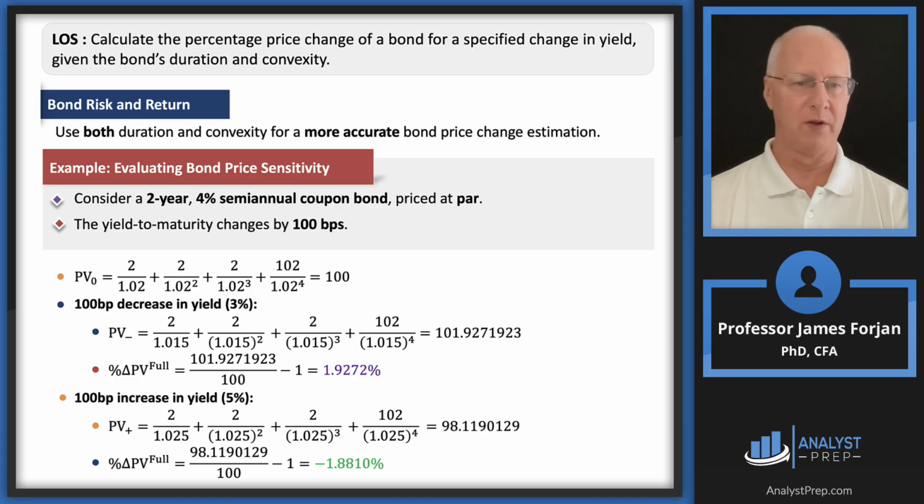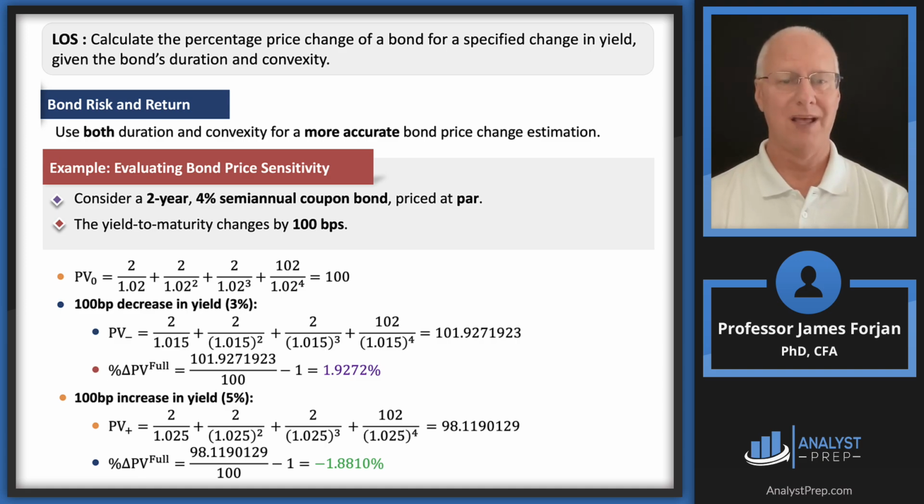And then somewhere in the middle there, under each of those prices, we have calculated the percentage change in the price of the bond. That's just F over P minus 1. So we put in purple, if the yield falls to 3%, the bond increases in value by 1.9272%.